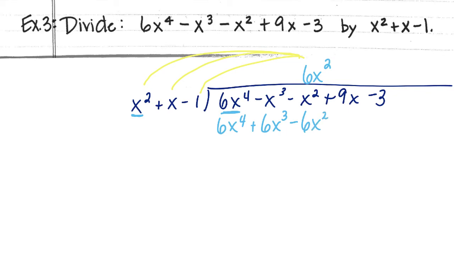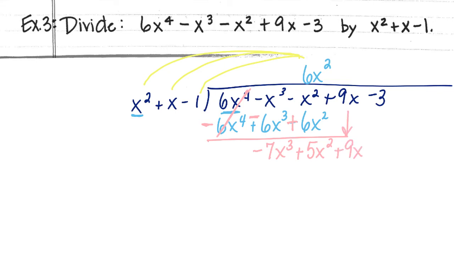From here, same thing. We're going to change the signs. And when I add down, the first term should cancel out. It did. In this case, I get negative 7x cubed because I'm just adding down, plus 5x squared. Bring this one down, plus 9x.